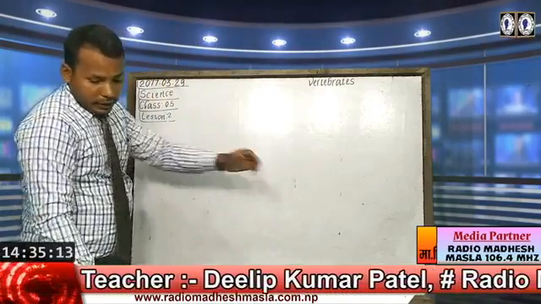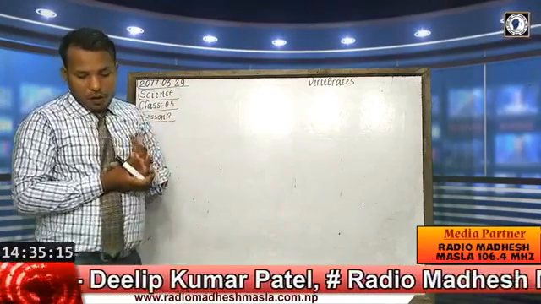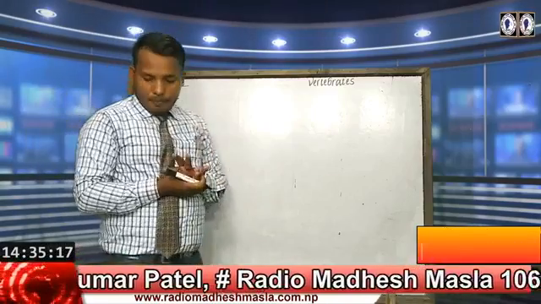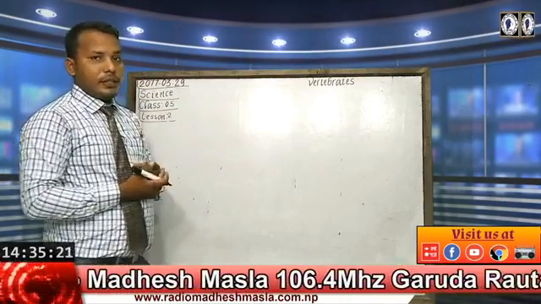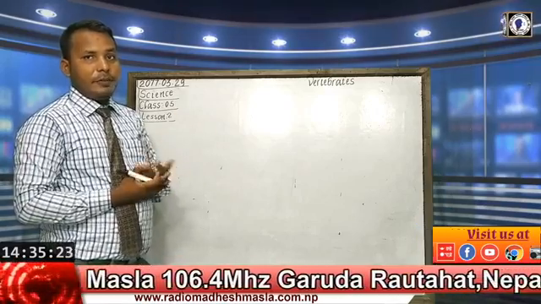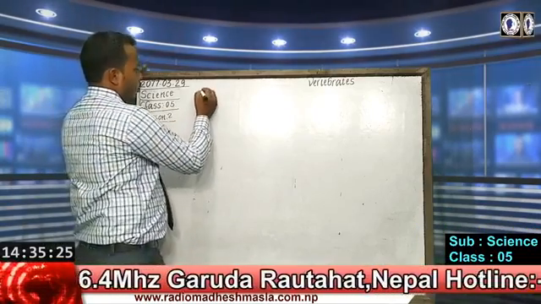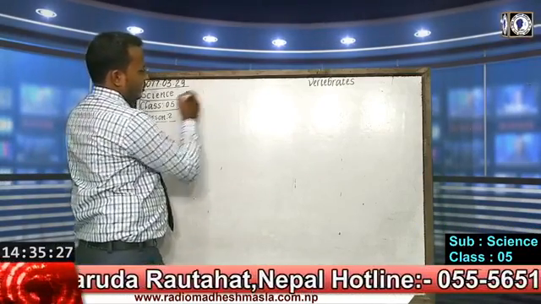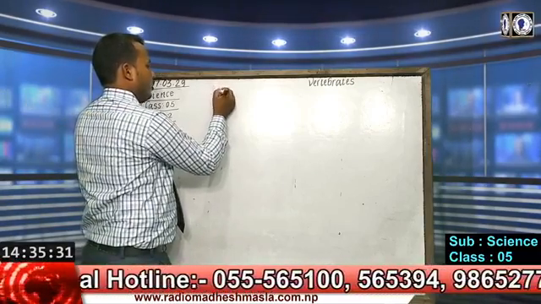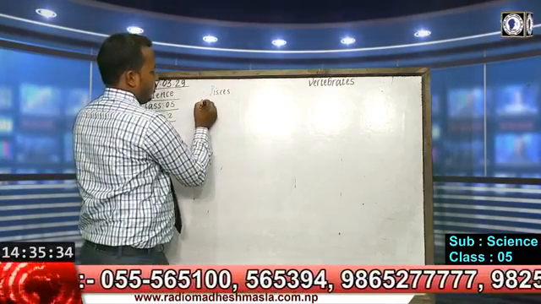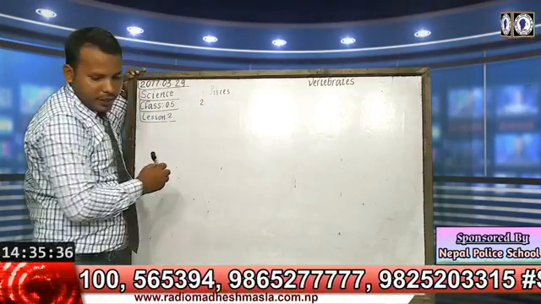Next, on the basis of structure and development, they are divided into 5 classes. I have already told you that vertebrates, isn't it? Number 1, Pisces. 2, Amphibia.